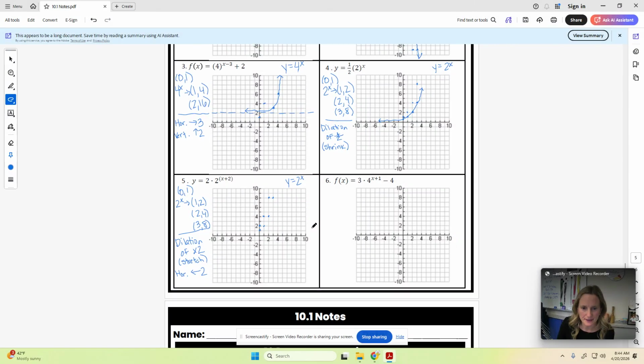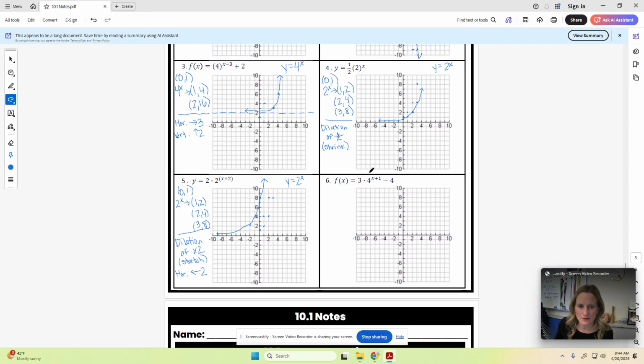I'm not going to worry about it. And it also got shifted over 2. So now I'm going to take each of these points and shift it over 2. I'm doing this in steps because it just makes it a little bit easier. So now my asymptote didn't move, and these 3 points are the ones I need to draw my graph.